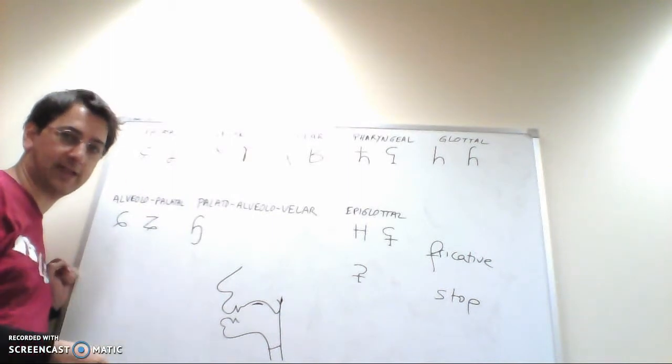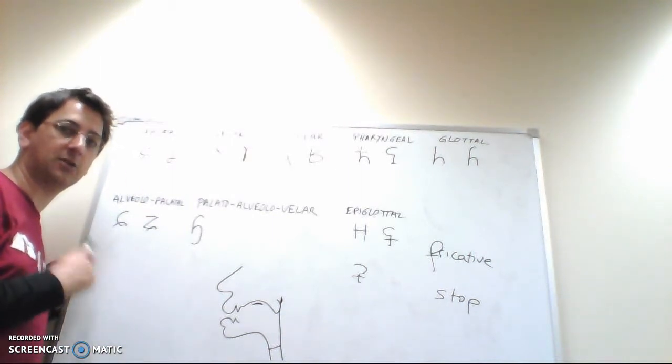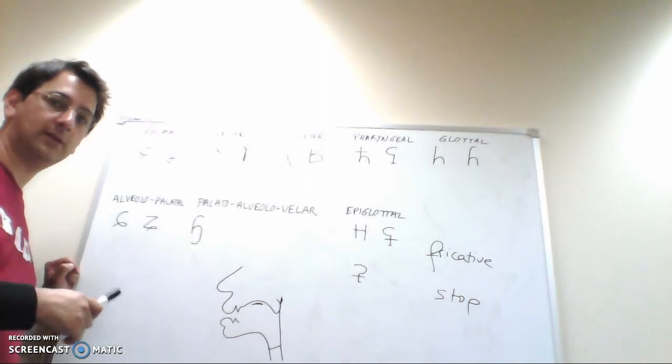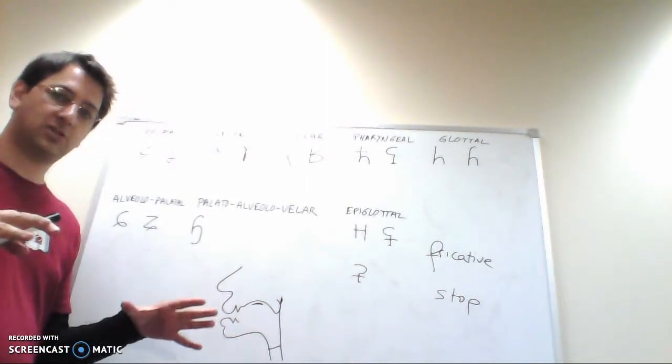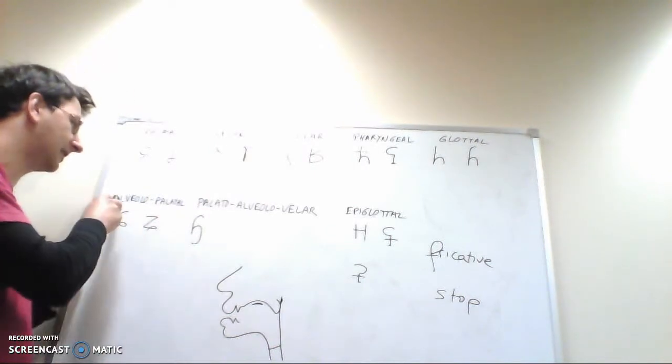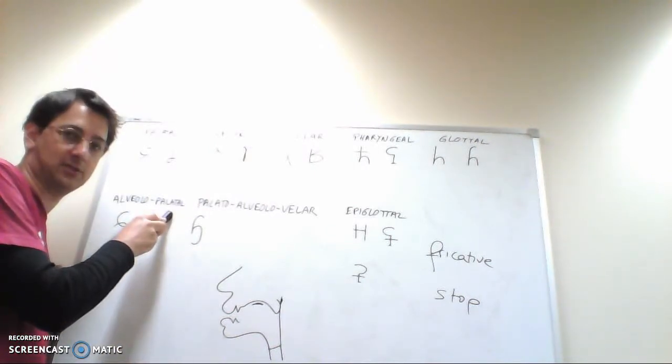So that's not the case. What this means is that you have one only narrowing distributed along all the regions ranging from the alveolar to the palatal region. Okay?